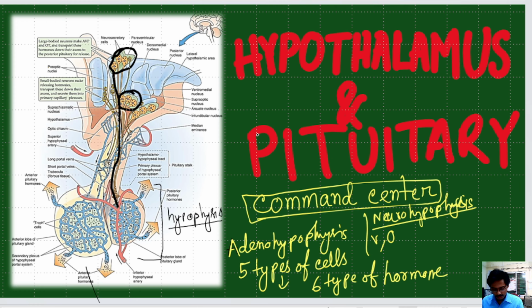These magnocellular axons run through the infundibular stalk as the hypothalamo-hypophyseal tract. So this region is known as the hypothalamo-hypophyseal tract, or the pituitary stalk, and the primary plexus or hypophyseal portal system is there in that stalk. I'll come to that, but now our focus is the hypothalamus.